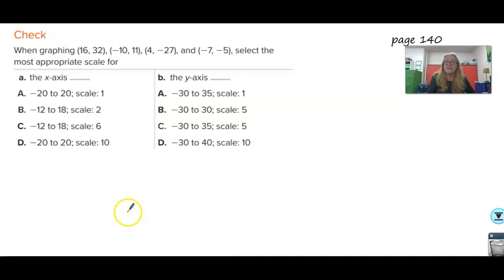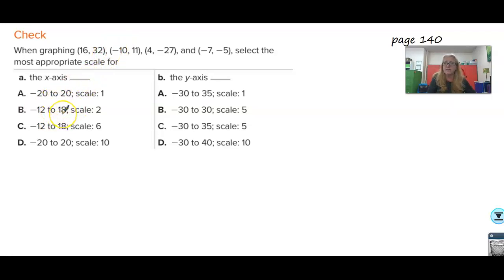Okay, so the check. When graphing 16, 32, negative 10, 11, 4, negative 27, and negative 7, negative 5, select the most appropriate scale for the x-axis and the y-axis. Well, look at the x numbers. It goes from negative 7 to 16. So we need markings that will cover negative 10 to 16 even.